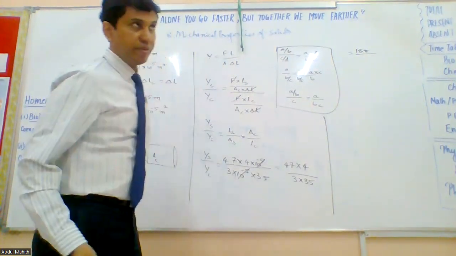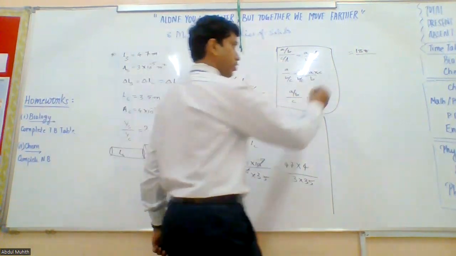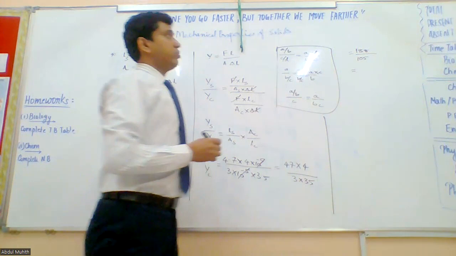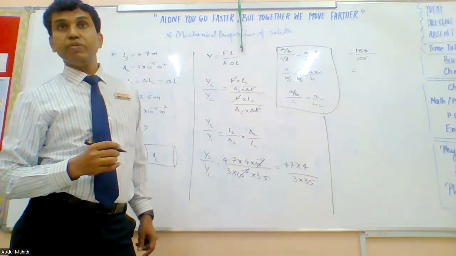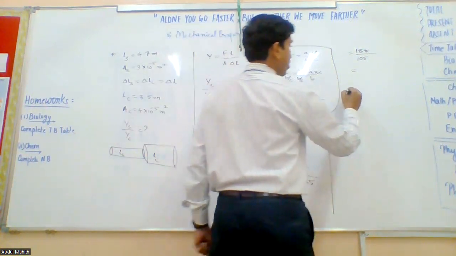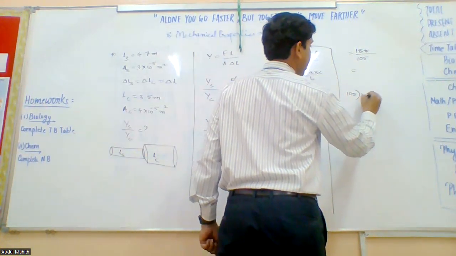Divided by 105, since 5 into 3 is 105. So we get 188 divided by 105. The answer will be something like 1.7.